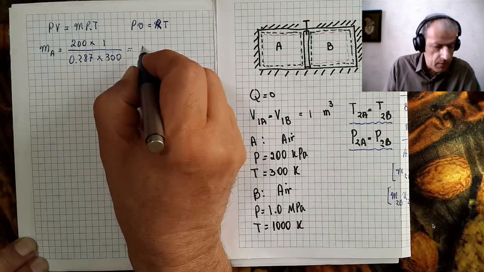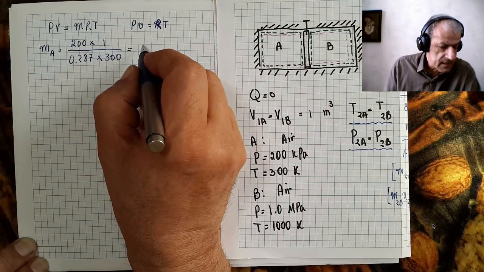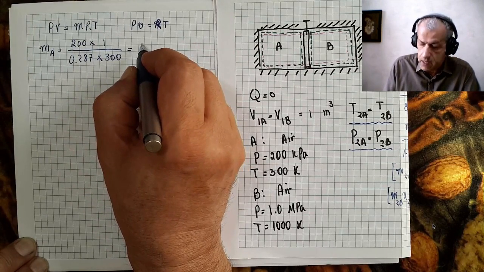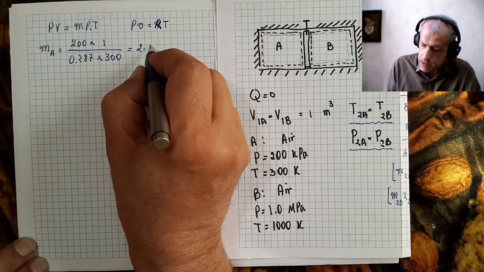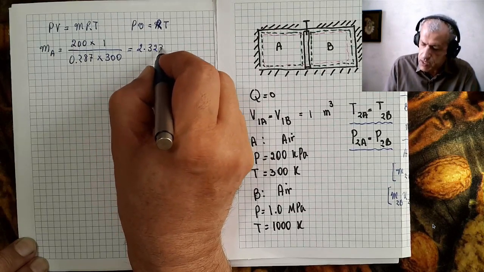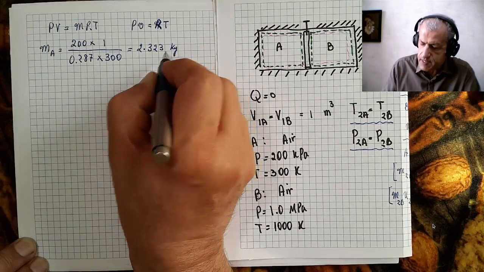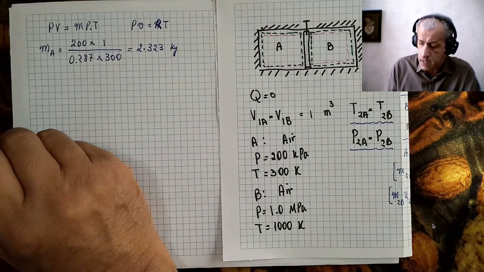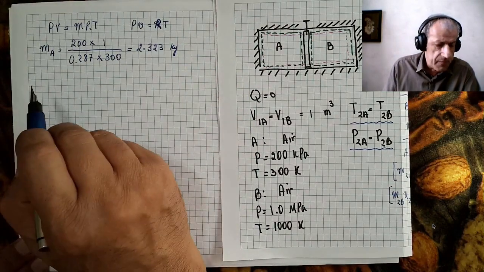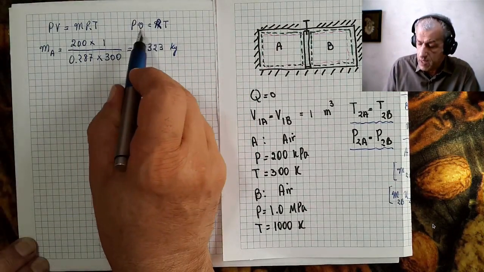And the outcome would give us the initial mass in A, which is 2.323 kilograms.